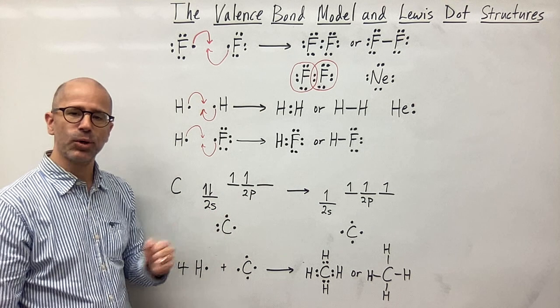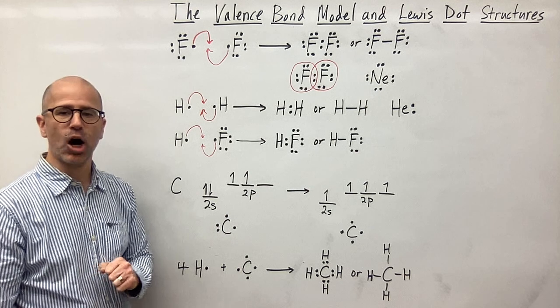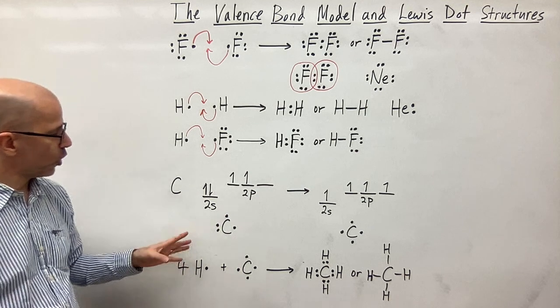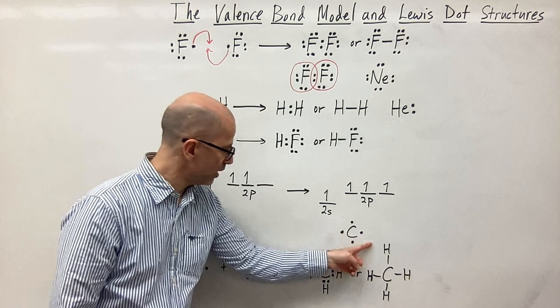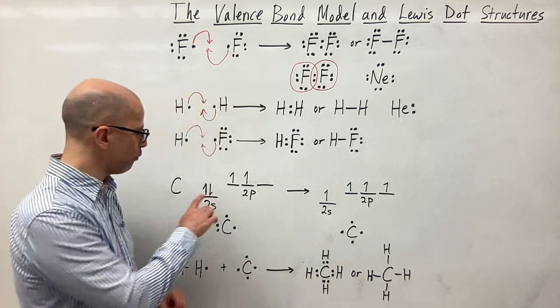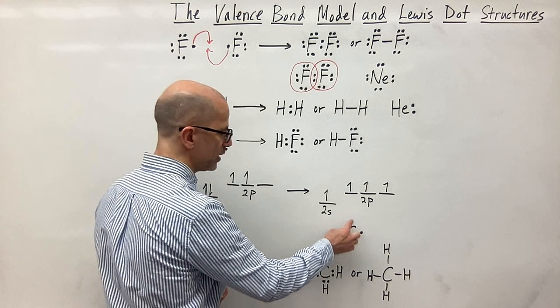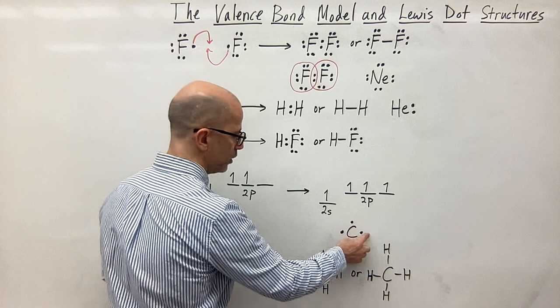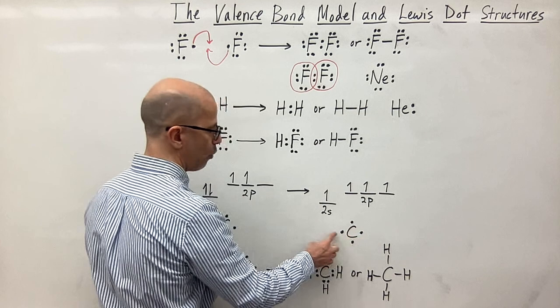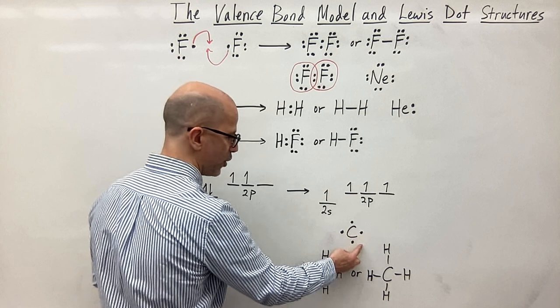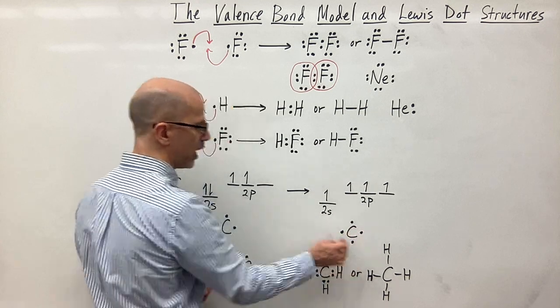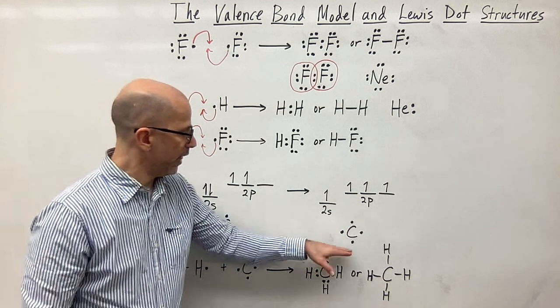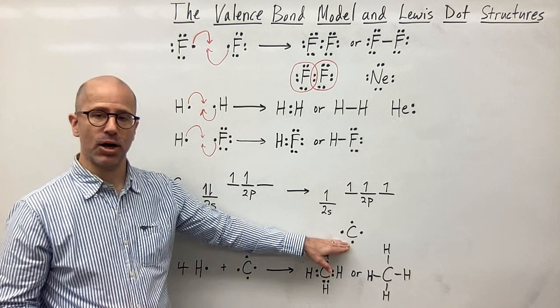That's not how we wrote the Lewis dot symbol for carbon earlier. So here is the way we wrote the Lewis dot symbol. Remember, you have 4 valence electrons, so you put a dot 1 on the top, 2, 3, 4 going around. So you should have 4 unpaired electrons. That fits more with the behavior of carbon.